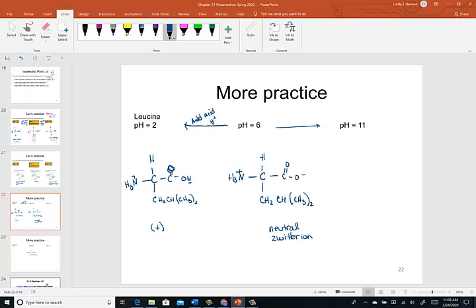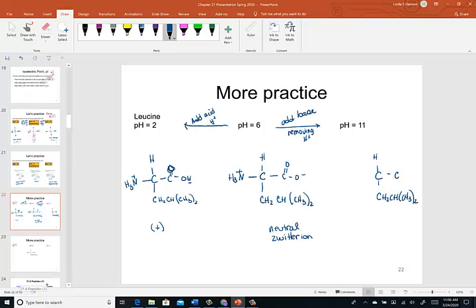Let's add base. When we add base to the solution, the pH rises. What we're doing is removing protons. And when we do that, all of those structures that were protonated are no longer protonated. So over here, COO negative.